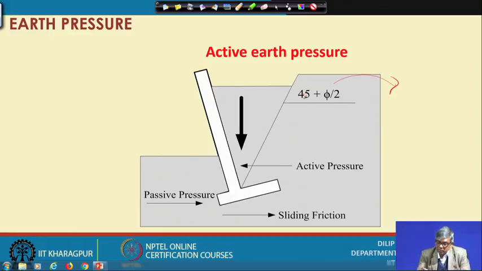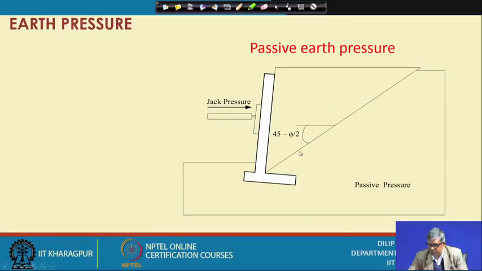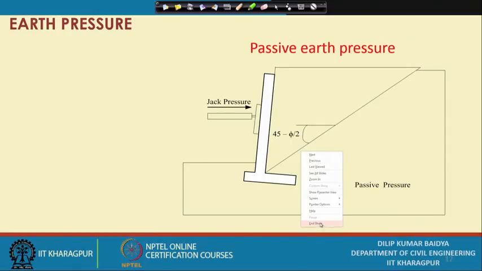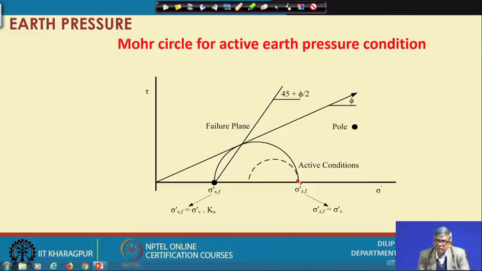Based on that, if I now draw a Mohr circle for the active case, this was the at rest condition circle, and this will not change.